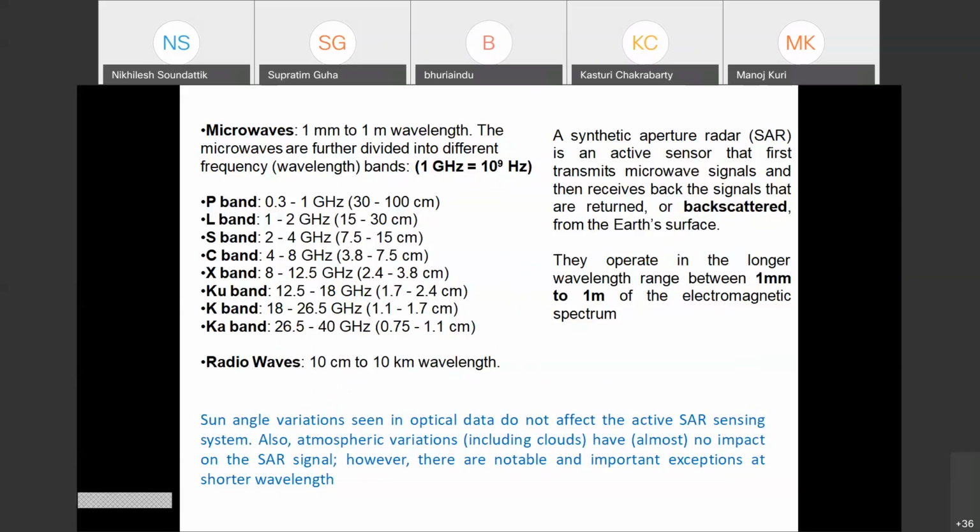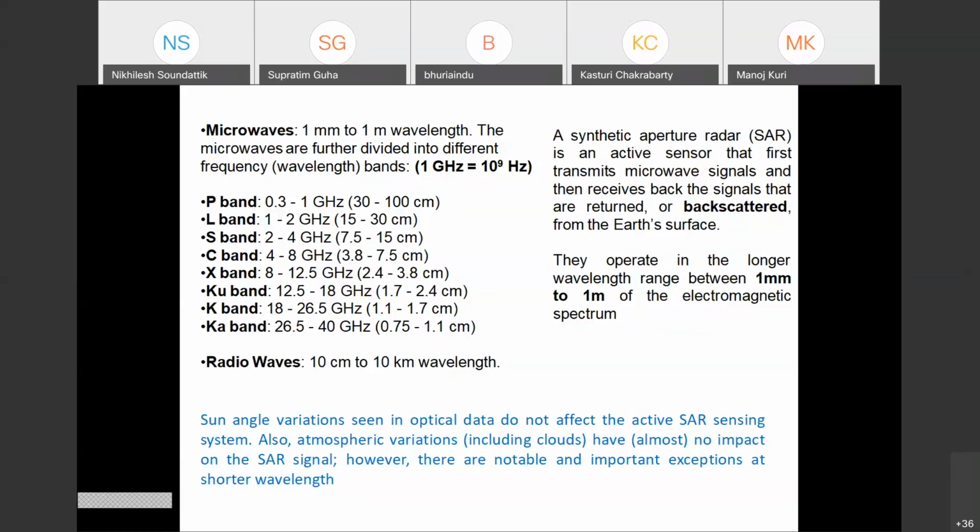Synthetic aperture radar, as we all know, is an active sensor that transmits microwave radiation and then receives back the signal, and that return signal is named the backscattered energy.